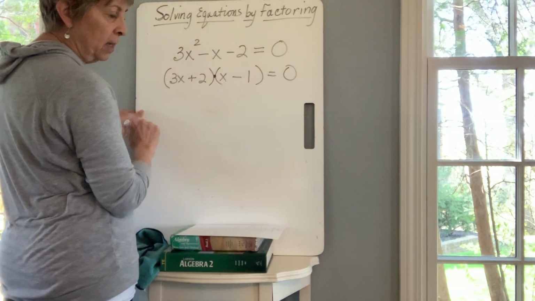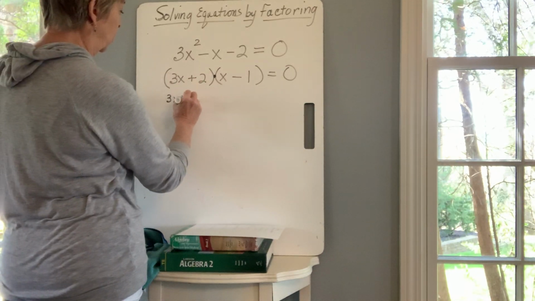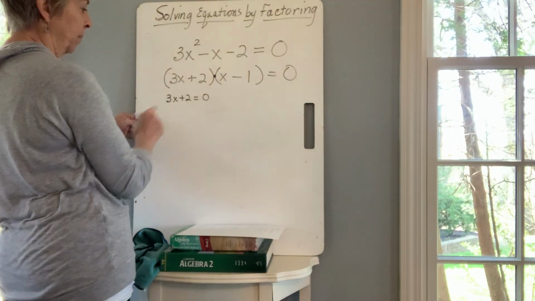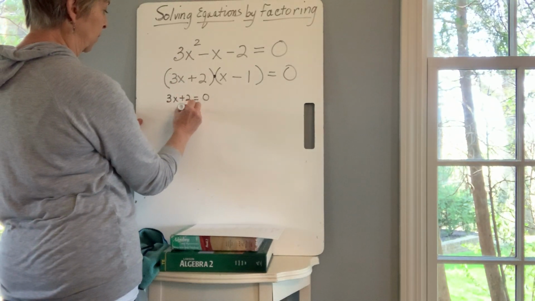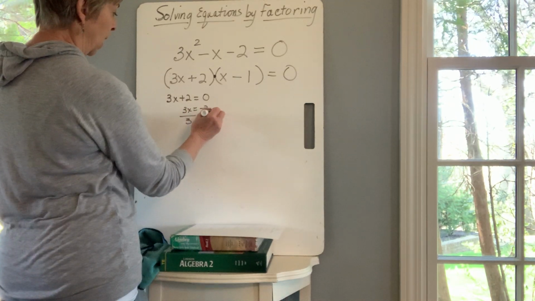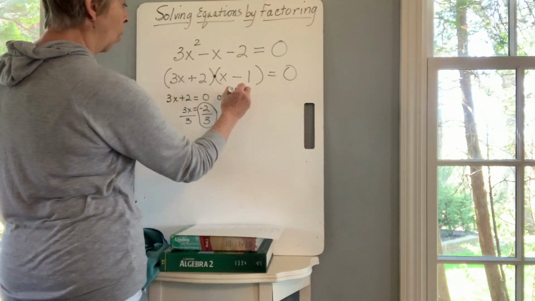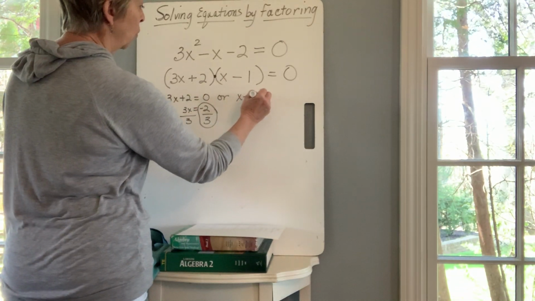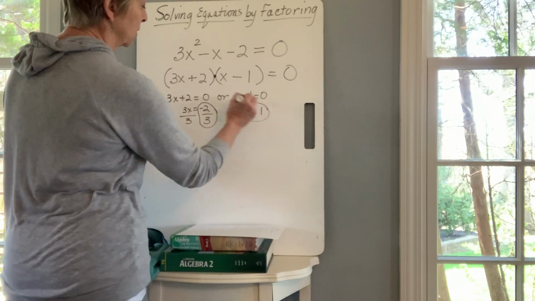Because the only way you get an answer of 0 is if one of these is 0. So when does 3x plus 2 equal 0? If this one's 0, then I add negative 2 and divide by 3, and I get negative 2/3 as one of my answers. Or x minus 1 equals 0, and if I add 1, I get x is 1.